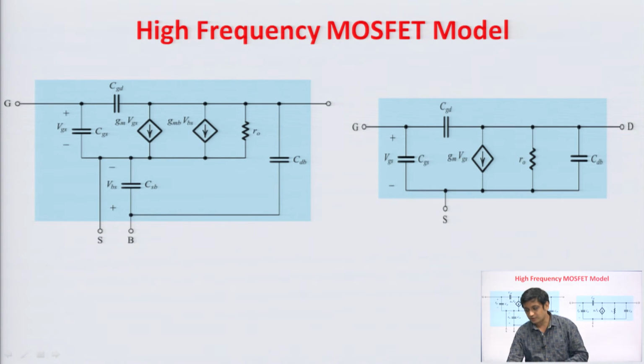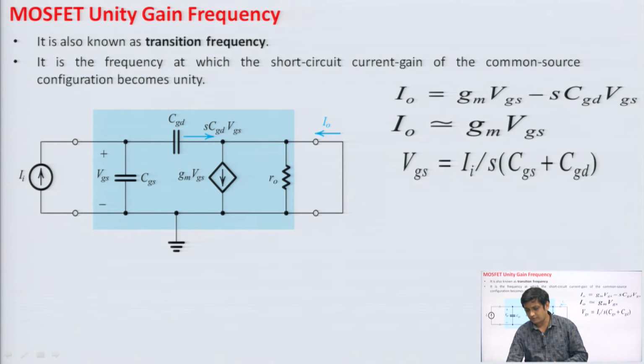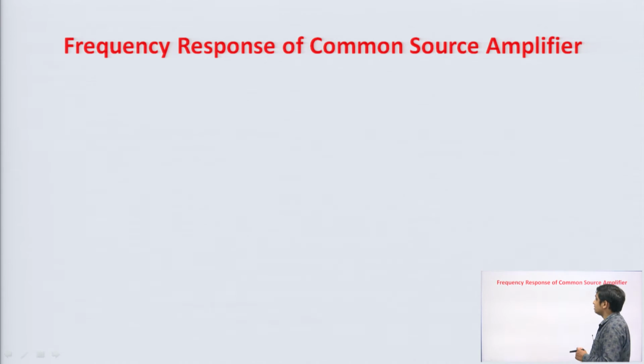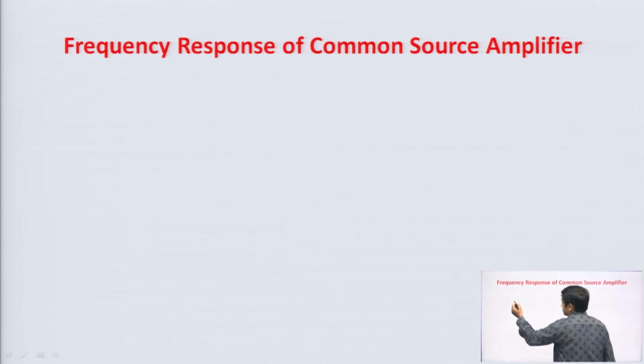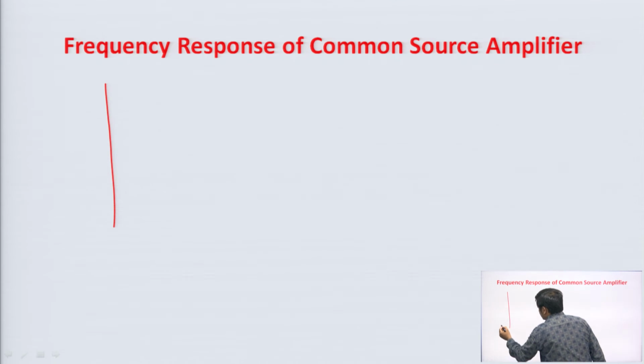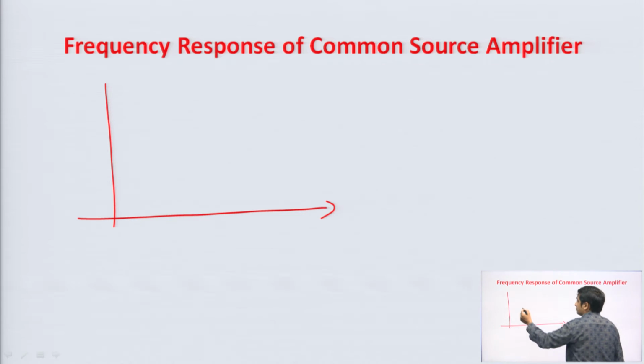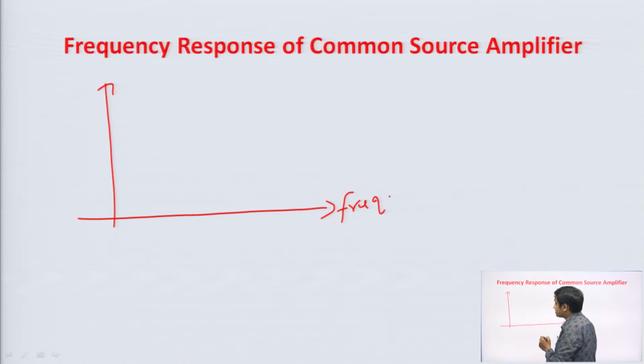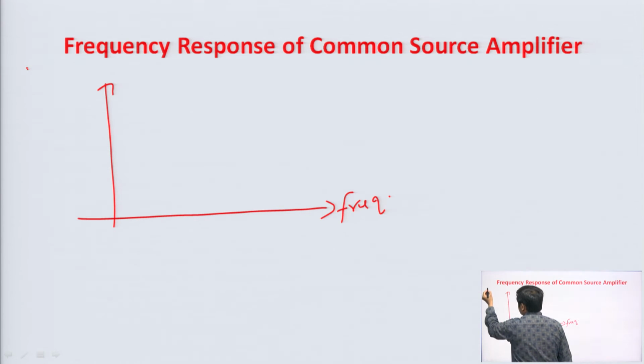Next is your high frequency MOSFET model. Before the high frequency MOSFET model, we need to understand the frequency response. The frequency response curve we normally draw between voltage gain in dB and frequency. On the x axis there is frequency, and on the y axis there is voltage gain in dB.